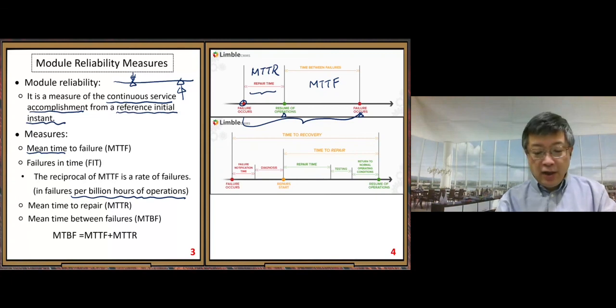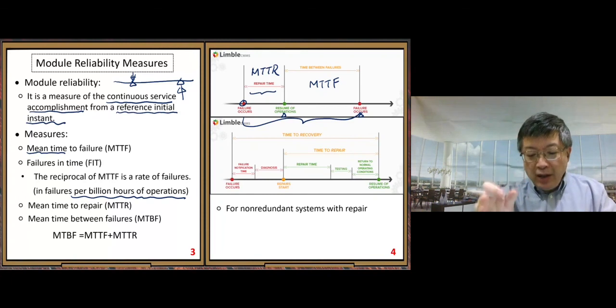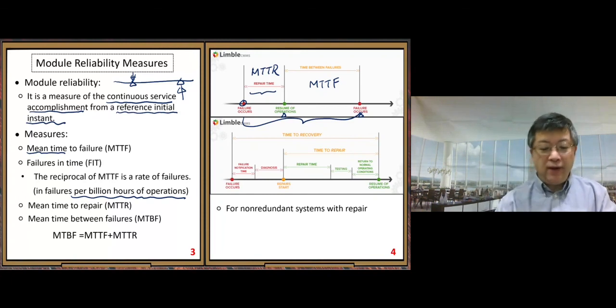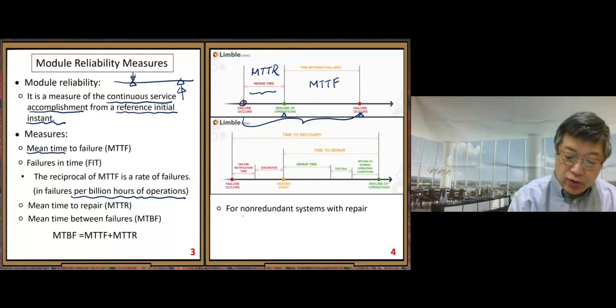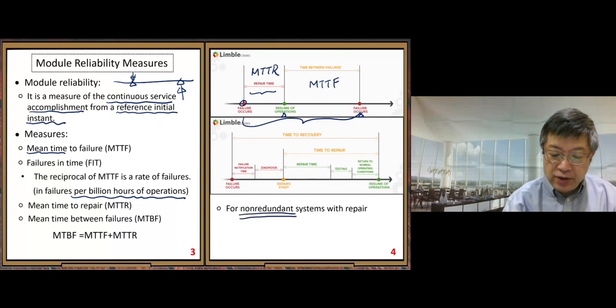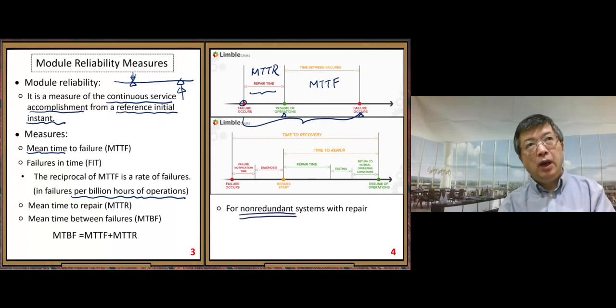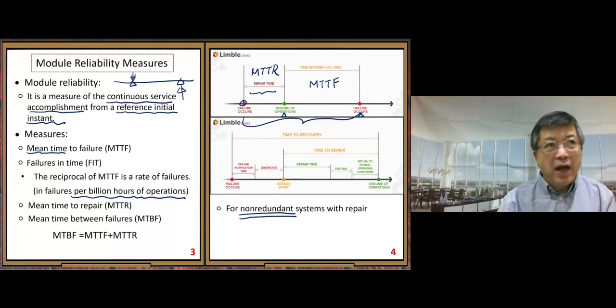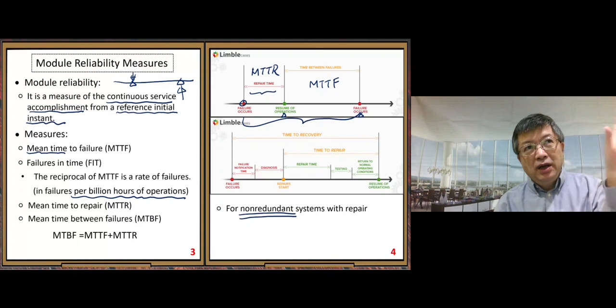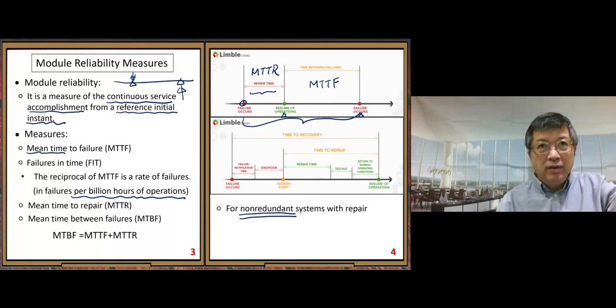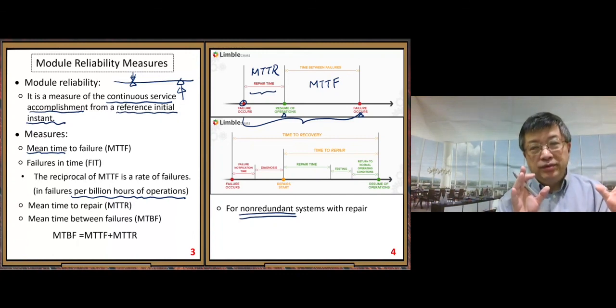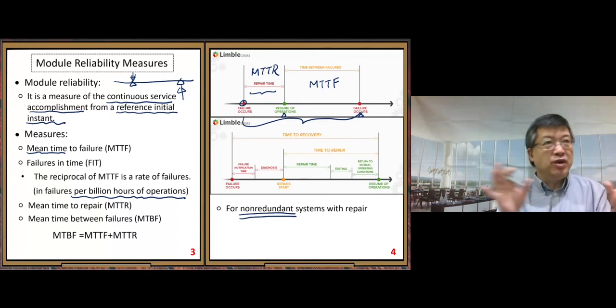All right, so next, non-redundant systems with repair. Many times the system is not redundant, so that means you do not have a backup part to cover when something is wrong.